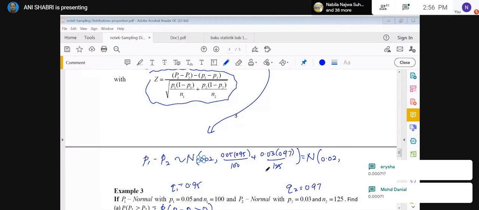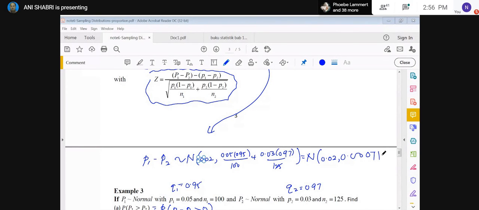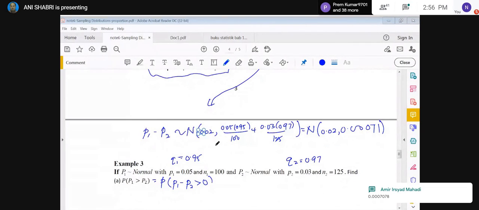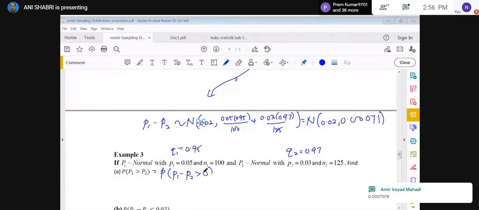Okay, dah kira kalau nak 0.00071. Okay, after you get this information, it is very easy. It is same sama program semalam. Okay, it is equal. Okay, 78 boleh, 71 pun okay ni.